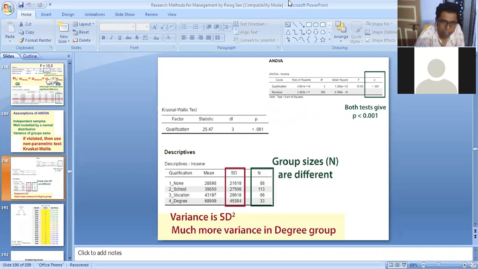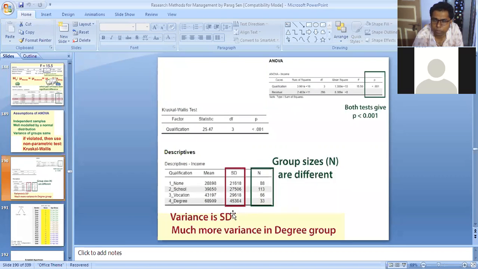We tested none, school, vocational and degree, and compared them with the help of ANOVA. But strictly speaking, ANOVA is not very suitable here. Why? Because in the case of degree, the income level has a very high standard deviation, which is not around the other levels.